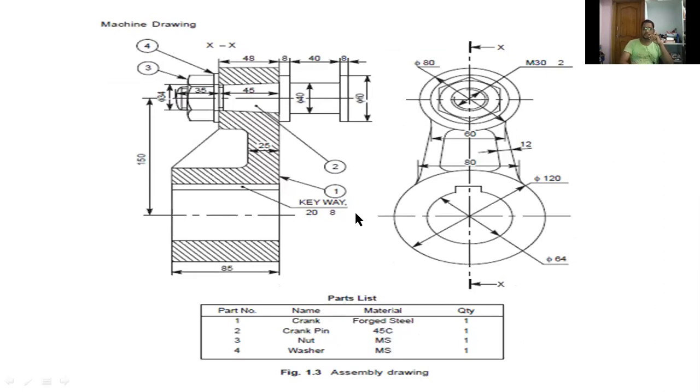This is an example of an assembly drawing. It consists of four components. First one is crank, second one is crank pin, third one is nut, fourth one is washer. The combination of these four parts is called an assembly.